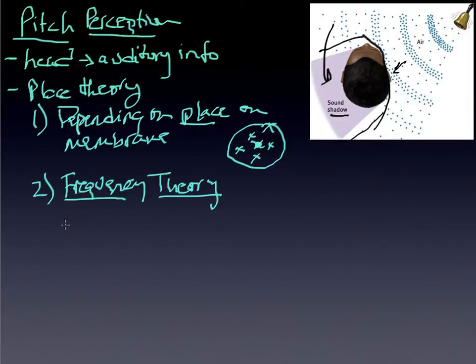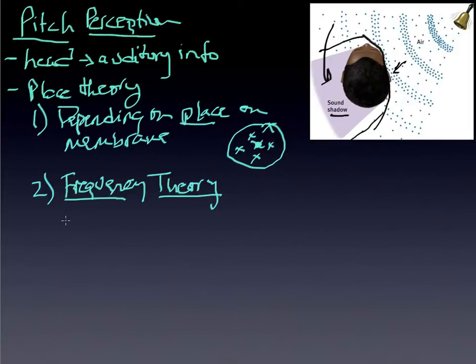Frequency, like we've already talked about, is how frequently the sound waves are sent up the auditory nerve, essentially. So based on the apparatus in the brain, how frequently these things travel up the auditory nerve matches a frequency.